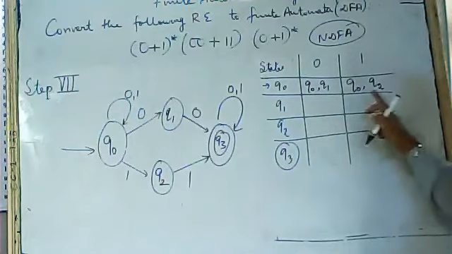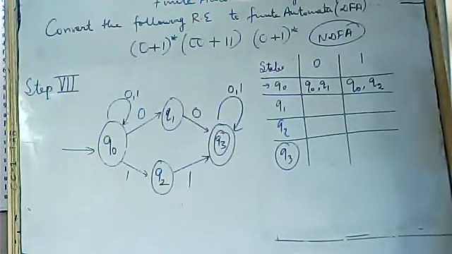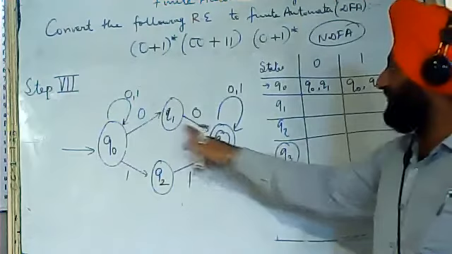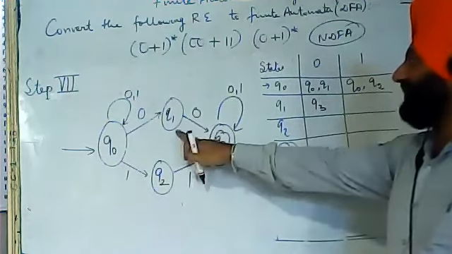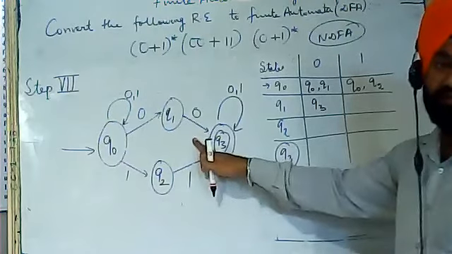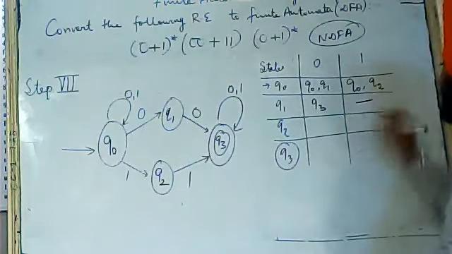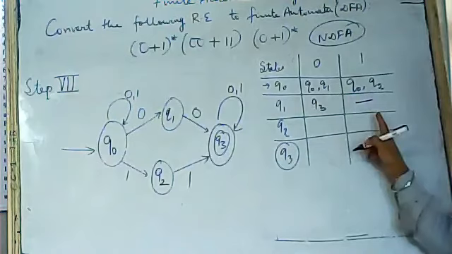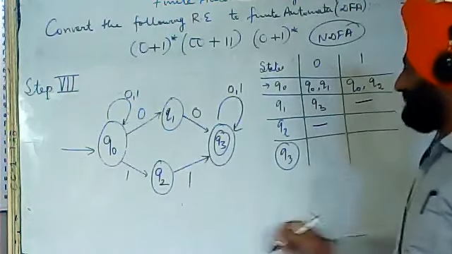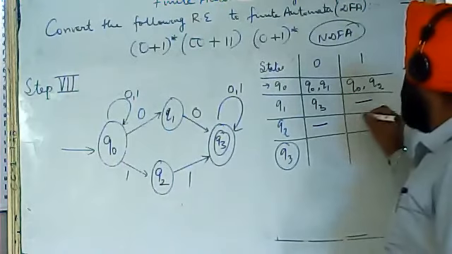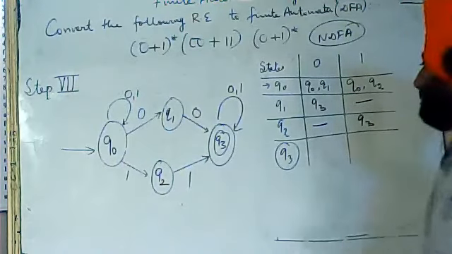So again NDFA, multiple states. Next, Q1 upon 0 goes to Q3, Q1 upon 1 has no state output, dash. Q2 upon 0, dash. Upon 1, Q3.